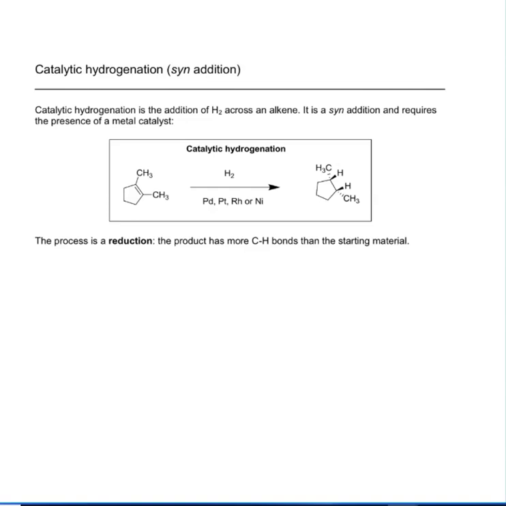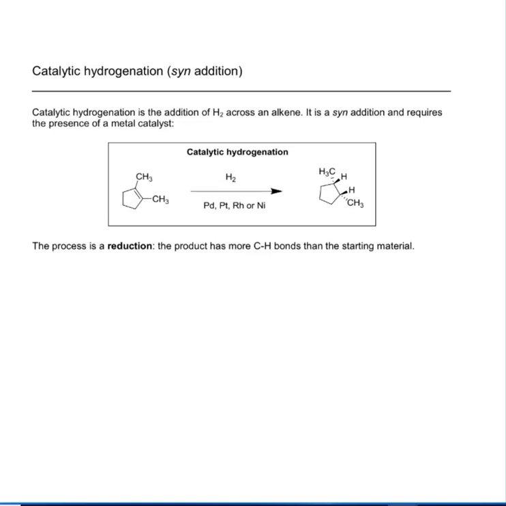The catalyst is going to be one of 4 metals that are commonly used. So palladium, platinum, rhodium, or nickel are the 4 main suspects that you would use here. So those are your list of choices for the metal catalyst.